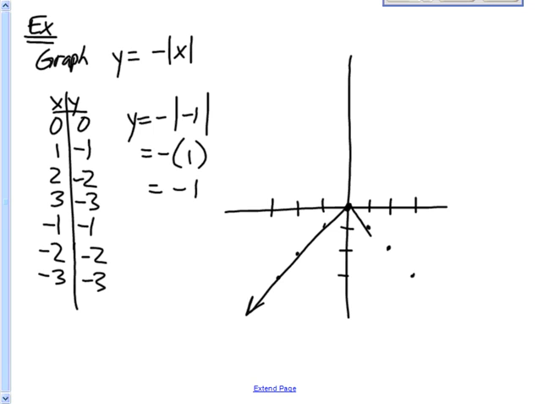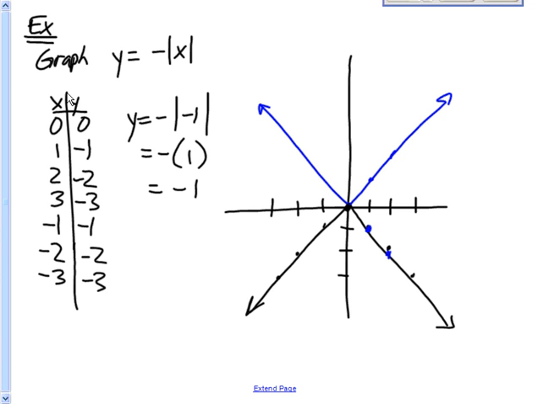And you're like, oh, wait a minute. That looks a lot like my original. Here was my original, except instead of (1, 1), it's down here at (1, negative 1). Instead of (2, 2), it's down here at (2, negative 2). So it flipped that thing over.